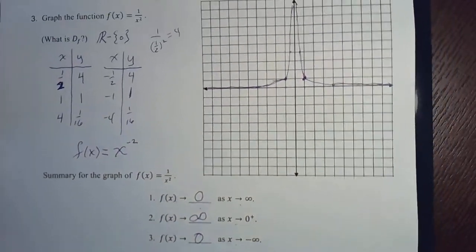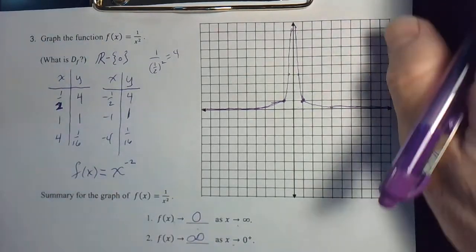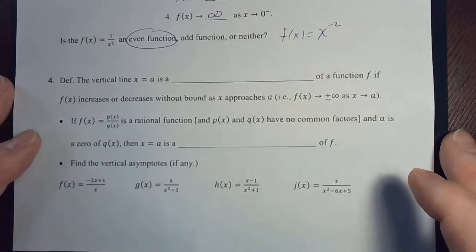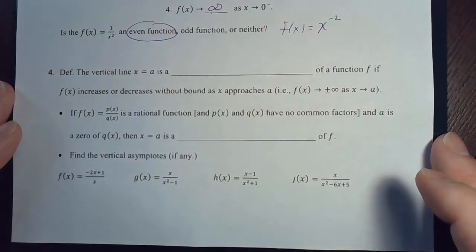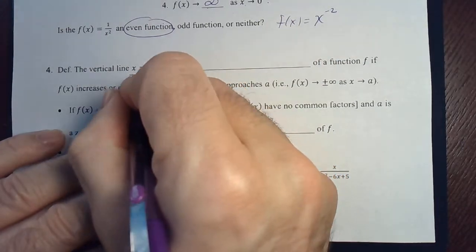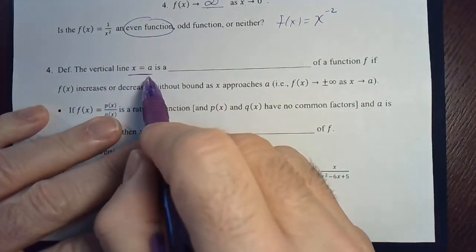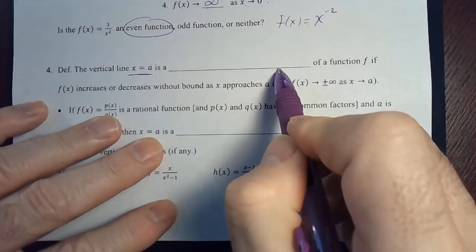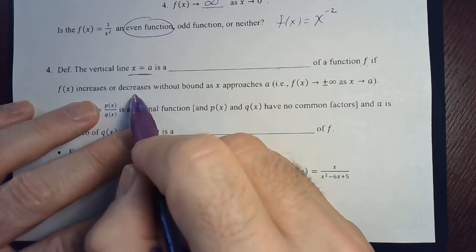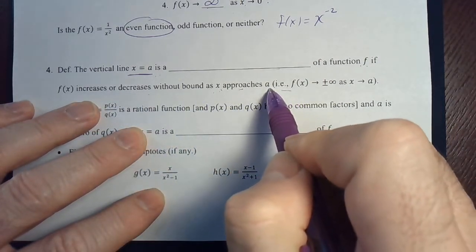All right, so that's again the graph of f of x equals 1 over x squared. Now let's learn a couple of new terms that we'll need for graphing purposes. Remember, all vertical lines are x equals some number. The vertical line x equals a is a vertical asymptote of a function f if f increases or decreases without bound as x approaches a.